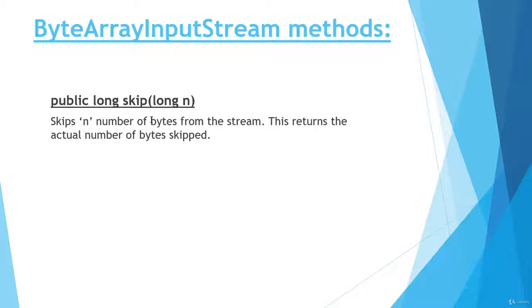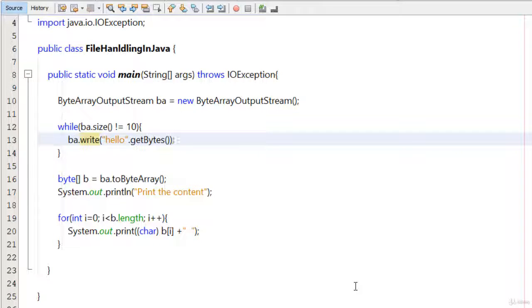So now let's write our code in NetBeans to have a better understanding of how we can use the byte array input stream class in Java. In our previous video, we wrote this code to write our data in the stream. Now I am going to add some additional lines in this code.